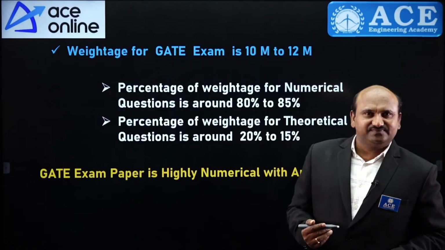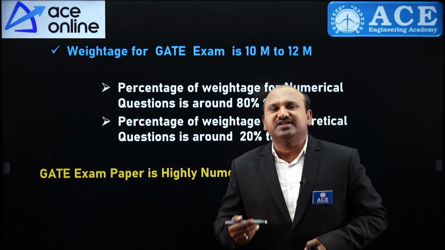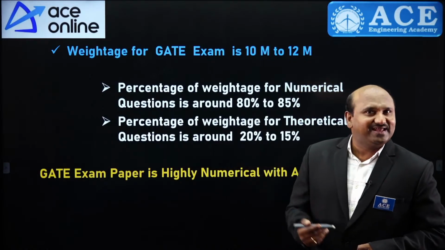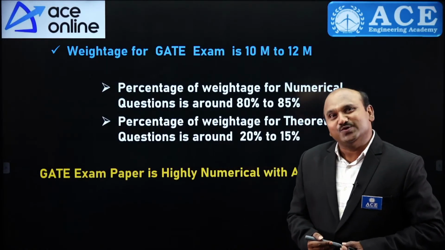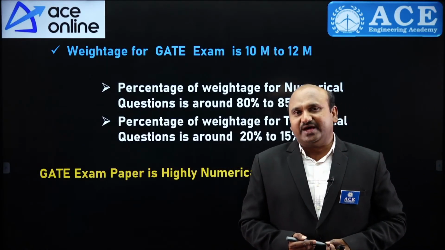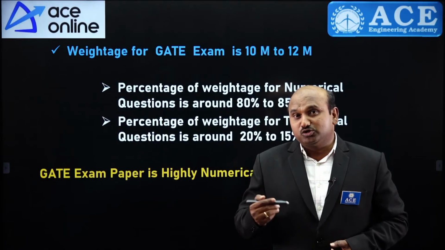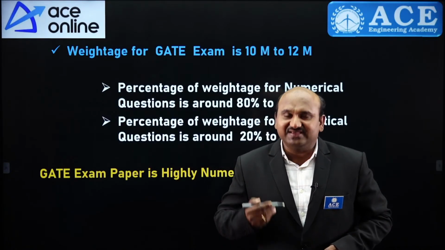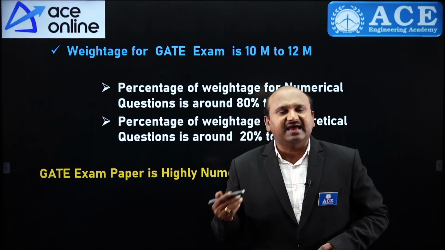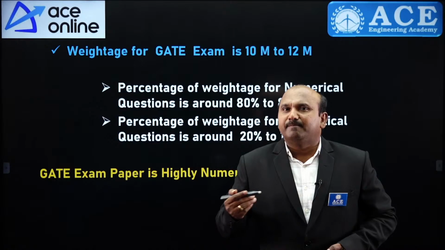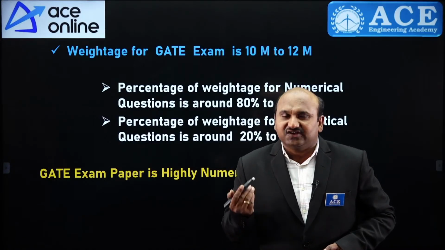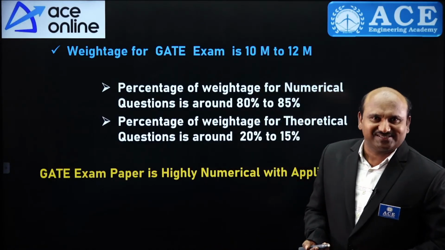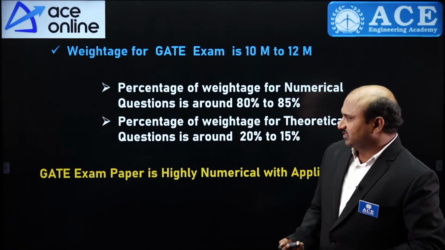That's why the GATE examination is a highly numerical examination, so you should definitely practice more examples from previous examinations, as well as more practice from the respective reference textbooks.